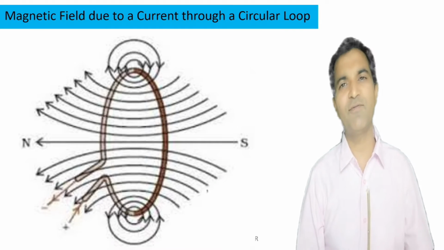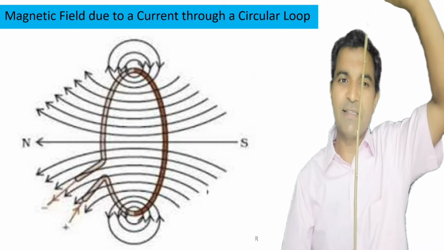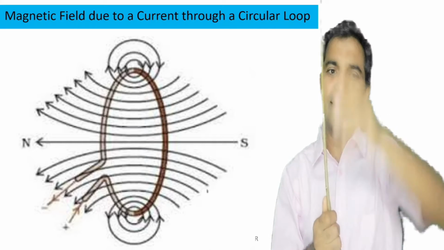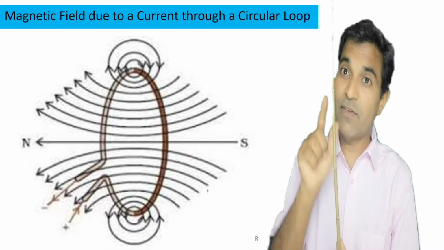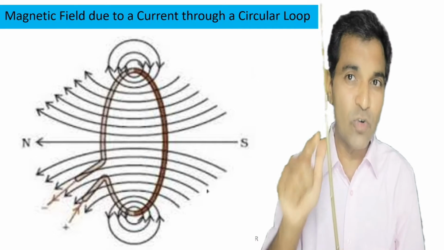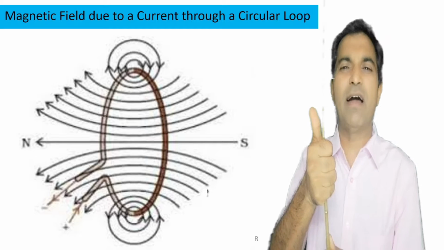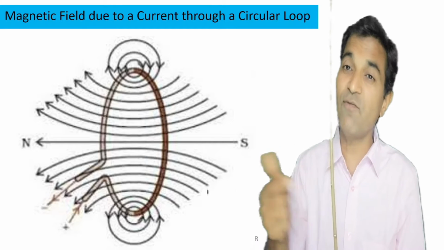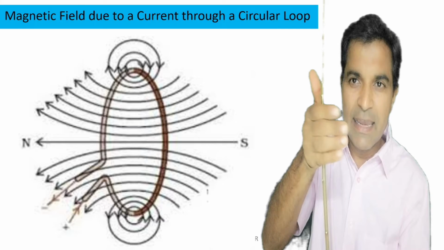Next is the magnetic field due to current through a circular loop. Now suppose this is a long conductor and the direction of the current is like this. Then we have already seen that according to the right hand thumb rule, the direction of the circular magnetic path, the direction of the magnetism which will be produced due to this electric current, will be like this.